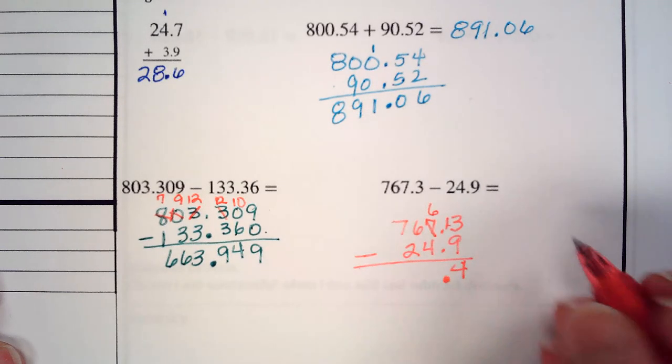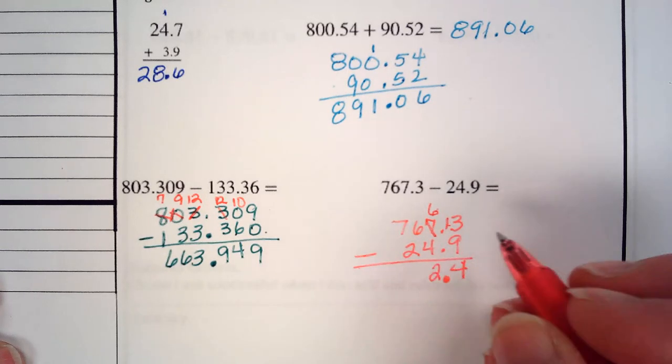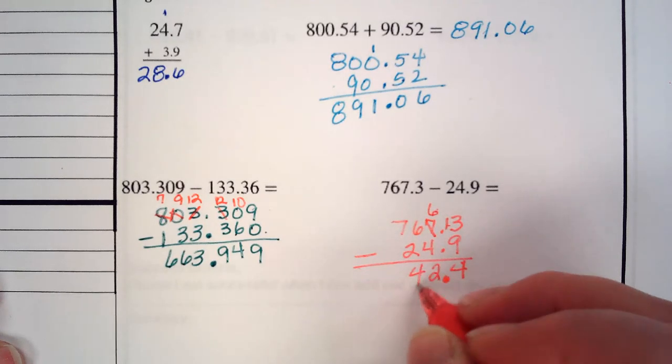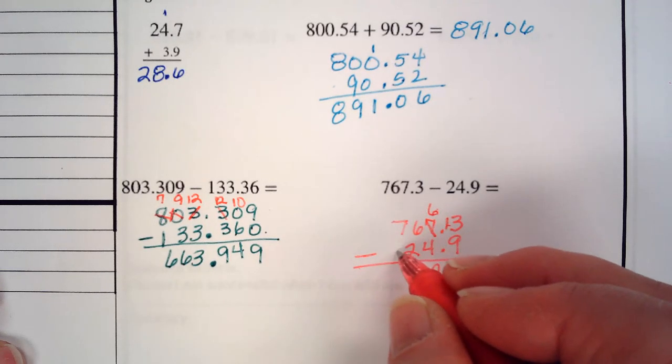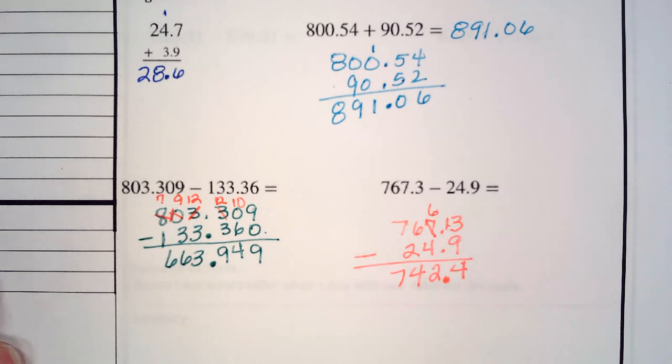Bring my decimal. 6 minus 4 is 2. 6 minus 2 is 4. 7, and there's nothing to subtract, so I just bring the 7 down. 742 and 4/10. 742.4.